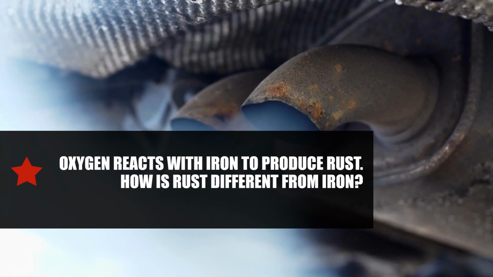Oxygen reacts with iron to produce rust. How is rust different from iron? Well, they have different chemical and physical properties. The truth is iron is iron, and iron oxide is iron oxide.